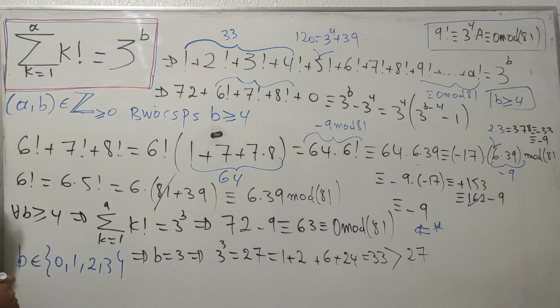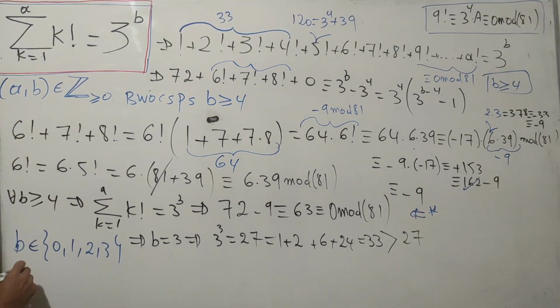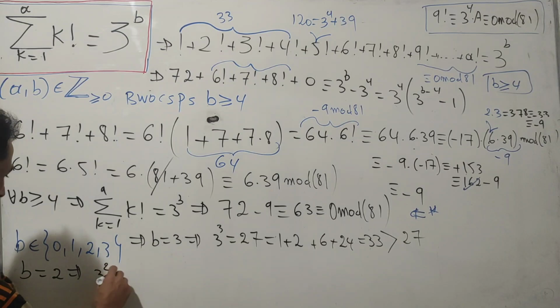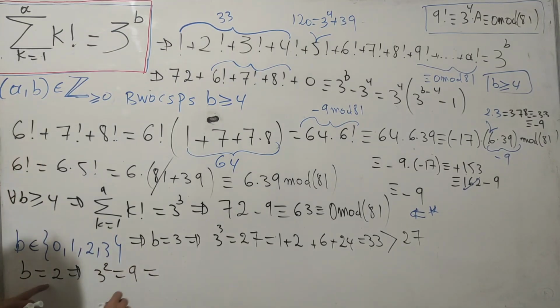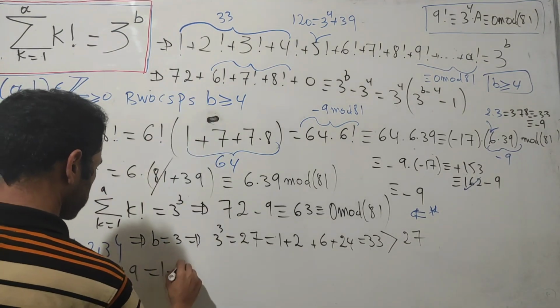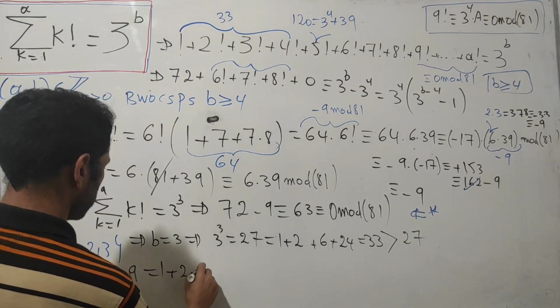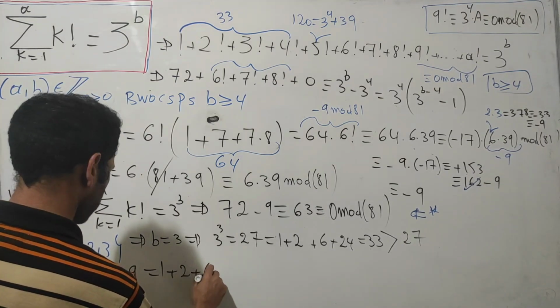Let's test another value. For the following values, I get b equals 2. B equals 2, we get 3 squared, which is 9. Let's test this one. 1 plus 2 factorial, which is 2, plus 3 factorial, which is 6.